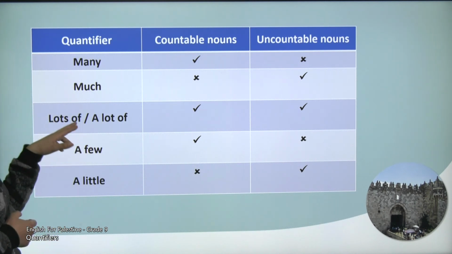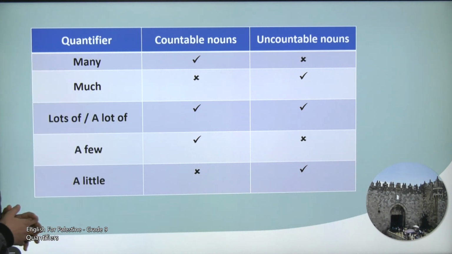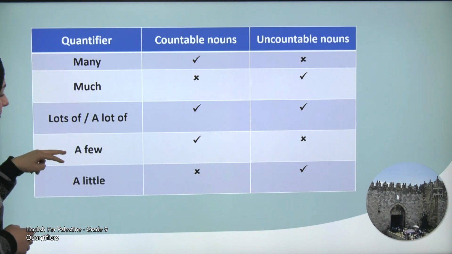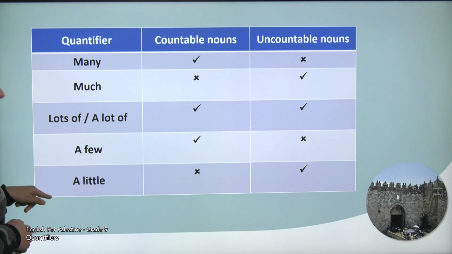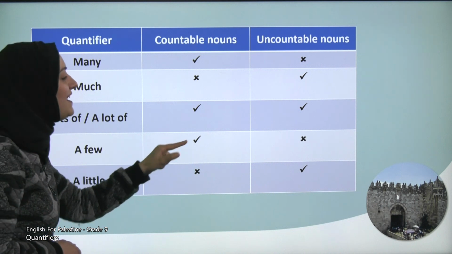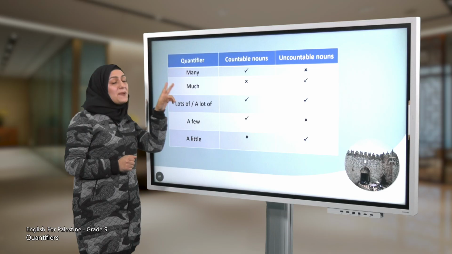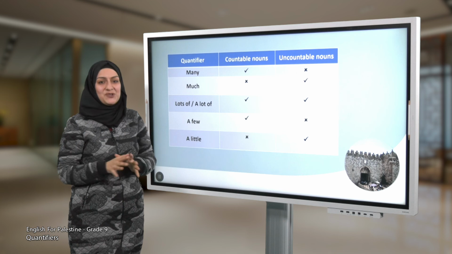Why? Because they are both used with countable nouns and uncountable nouns. Now, a few is the opposite of many, so it is used with countable nouns. And a little is the opposite of much, so it is used with uncountable nouns. Please study this table that summarizes the whole lesson for today.